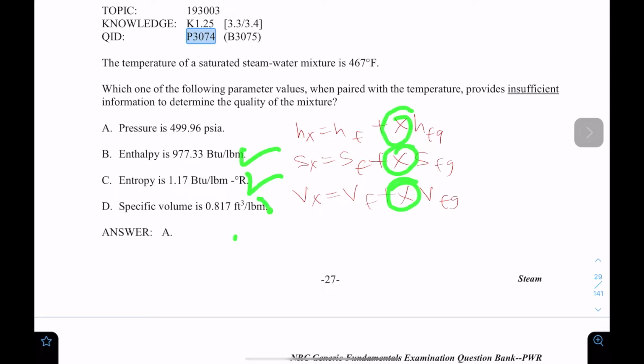So from all of this, I can get quality. But if you only give me temperature, pressure is basically the same, because if you take a look at the steam tables, if you get a temperature, you're going to get a saturated pressure, and that by itself is not going to give you the quality of the mixture, right? It's not enough information. So that's what this answer is going to ask you.